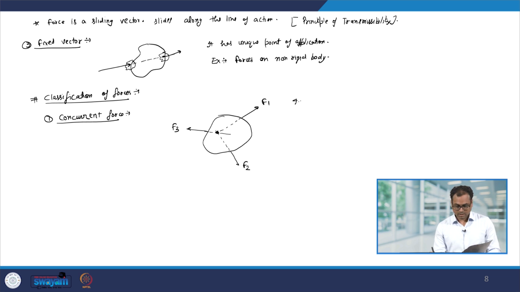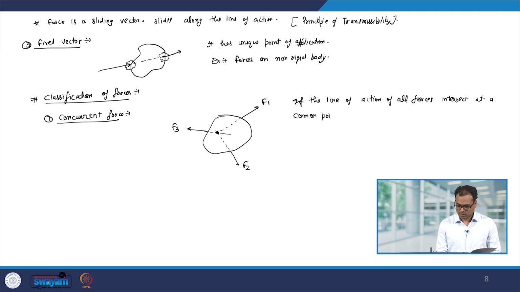So, that means if the line of action of all forces intersect at a common point, then we call them the concurrent force.